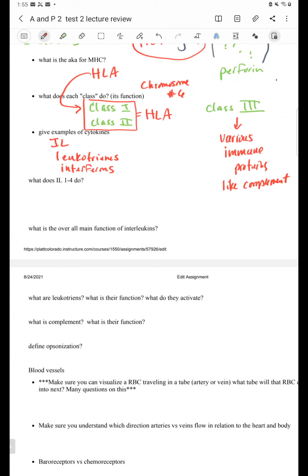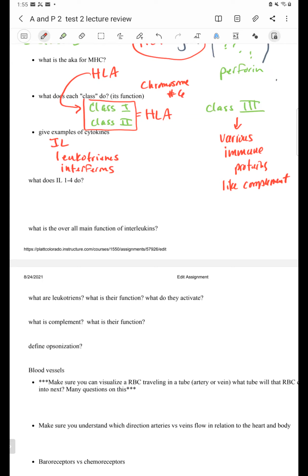It helps induce inflammation. It's what leads to a fever. It recruits macrophages and monocytes, activates natural killer cells. Interleukin 2s activate your T cells and B cells and natural killer cells. And interleukin 3s activate the T helper cells, the mast cells.